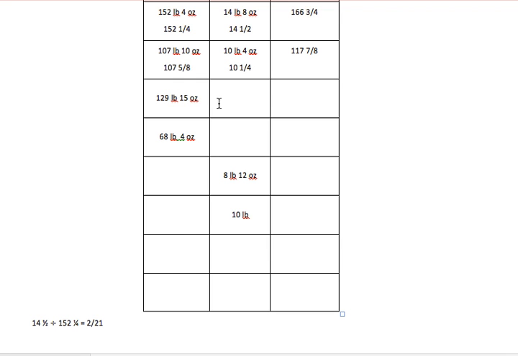Now, knowing this piece of information, we would then take our 129 15 ounces, which converted would be 129 15/16, and we would multiply that times 2/21.